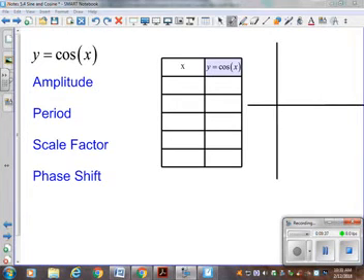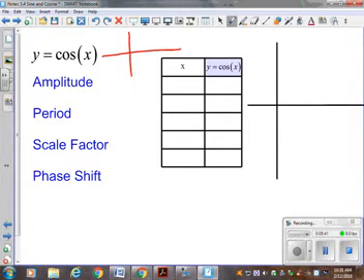When you look at a sine wave versus a cosine wave, sine's here, right? But cosine at 0 is 1. Everybody see the problem? I'm not starting on the axis. My shape would be different, but I want it to be the same.